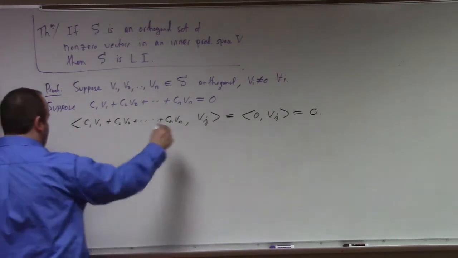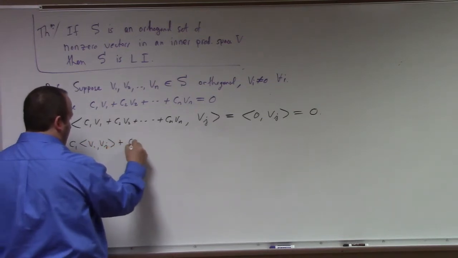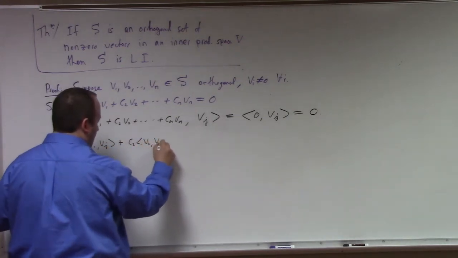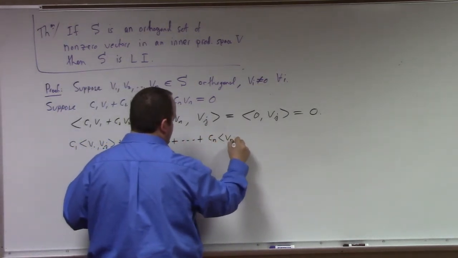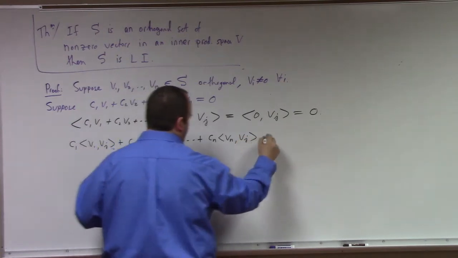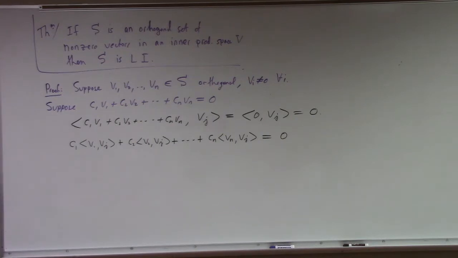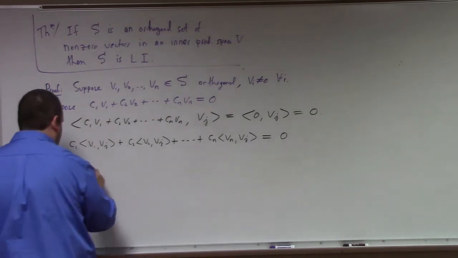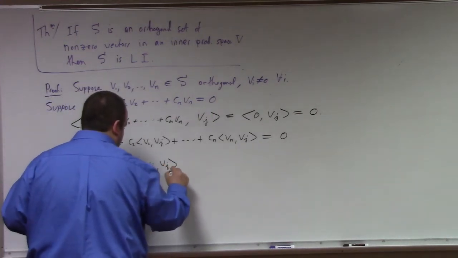This simplifies to c1 <v1, vj> + c2 <v2, vj> + ... + cn <vn, vj>. So all of these inner products are by assumption 0, except for one. What's the one which is not 0? <cj vj, vj> equal to 0.